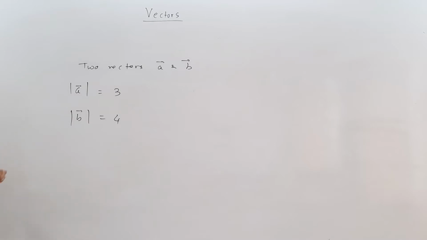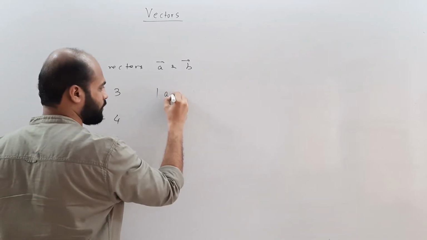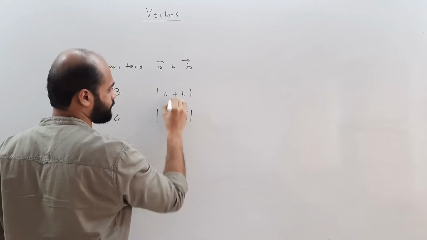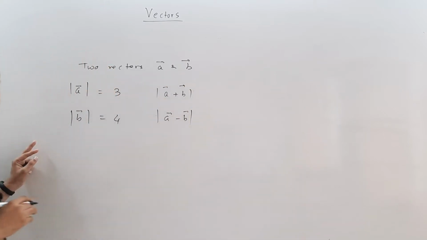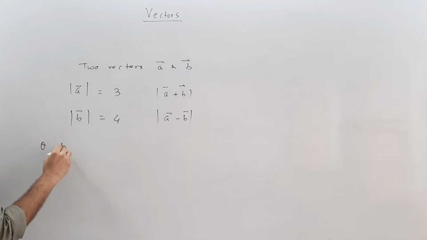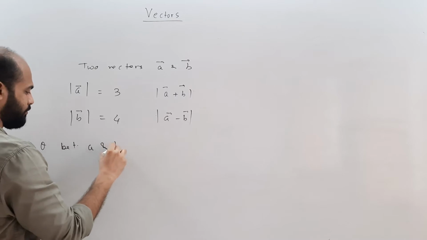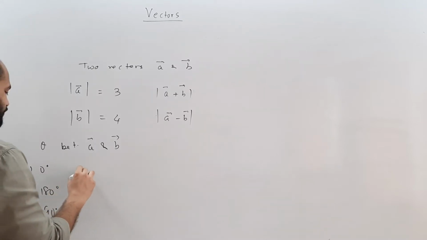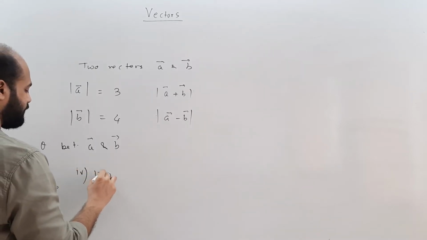Now we have to find the value of the magnitude of A plus B and A minus B when the angle between A and B is in these four cases: 1 is 0 degrees, 2 is 180 degrees, 3 is 90 degrees, and the 4th is 120 degrees.